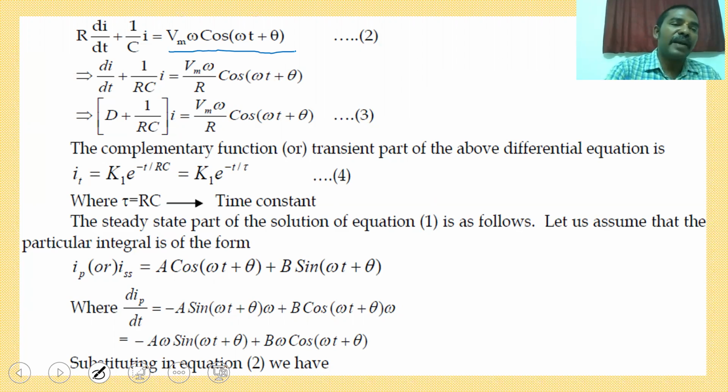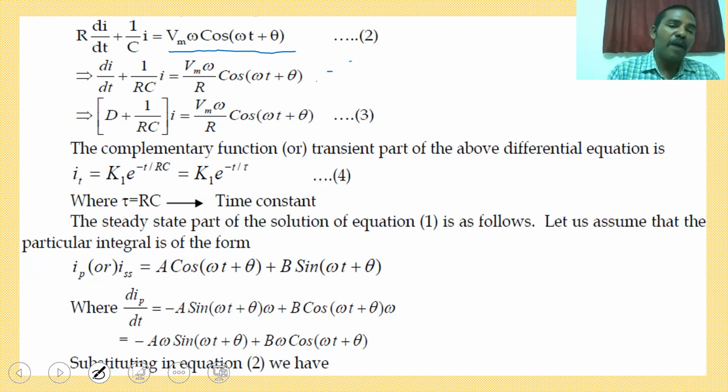So now di/dt + 1/RC × i = Vm ω/R cos(ωt + θ). So (D + 1/RC) i = Vm ω/R cos(ωt + θ). This is a first order equation, but it has a complementary function as well as a particular integral.